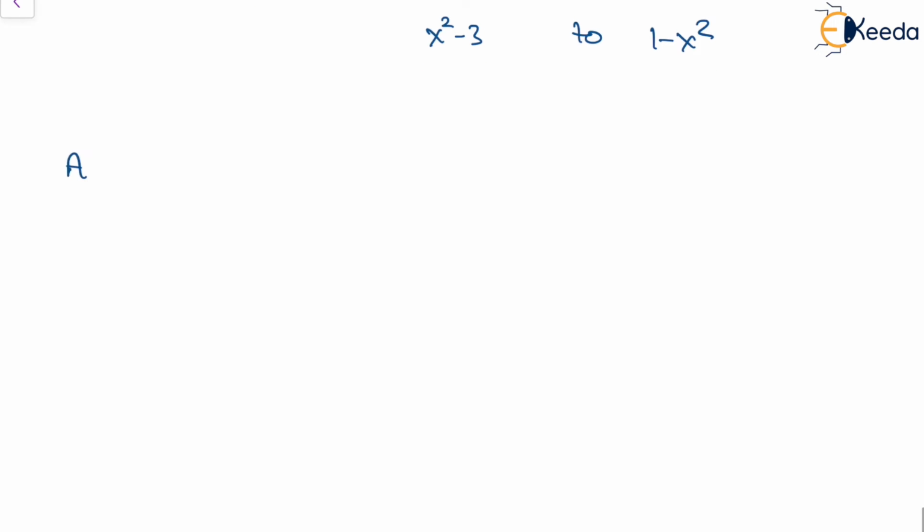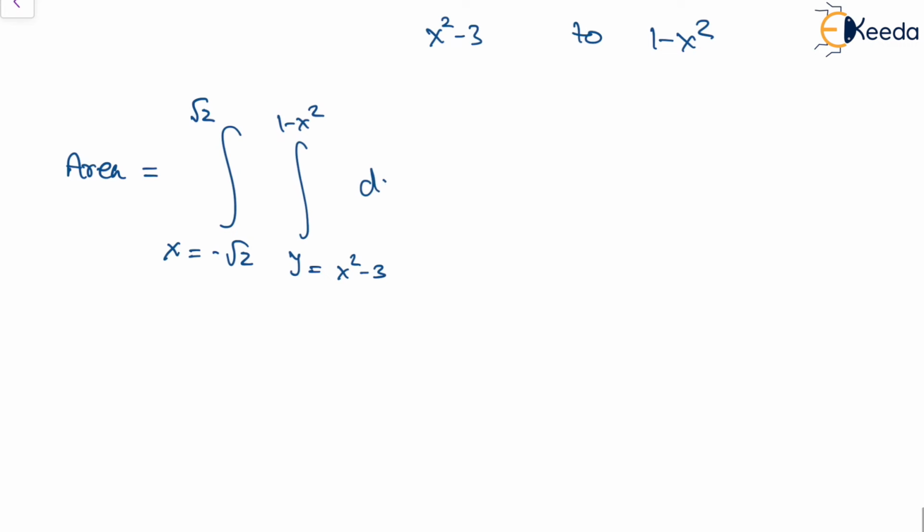Now the area required will be the integration x from minus root 2 to root 2, y from x square minus 3 to 1 minus x square, dy dx. So first integration in terms of y, putting the limits, whatever result comes, integration in terms of x, putting the limits again to get the final value.